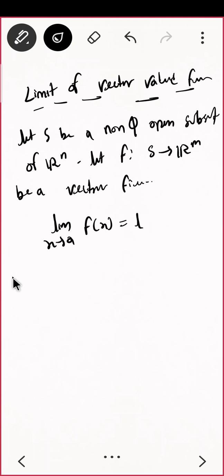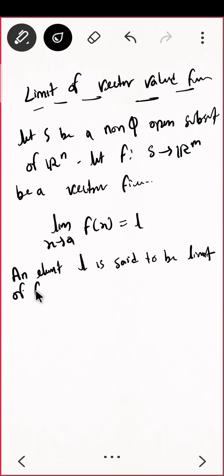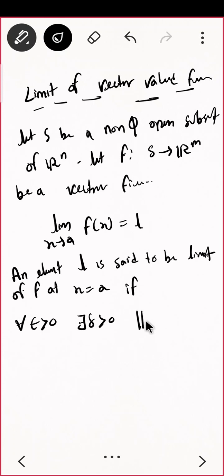An element L is said to be the limit of the function f at x equal to a if for all epsilon positive, there exists delta positive such that norm of x minus a less than delta.